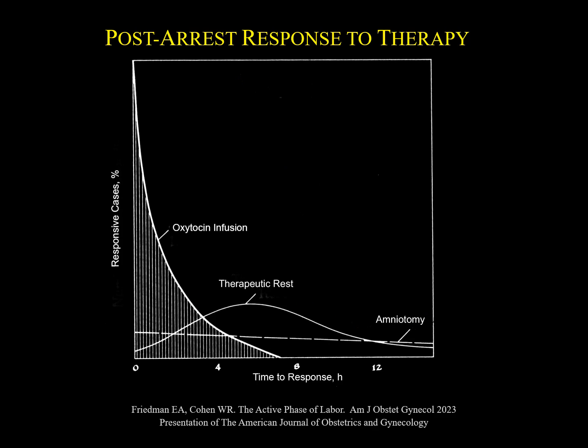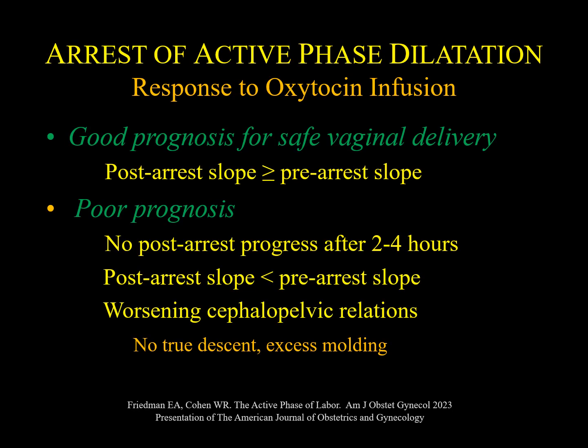Most arrest disorders will respond to oxytocin infusion with additional progress in dilatation within 2 to 4 hours, and it is rarely necessary to administer the drug for longer than that. If the arrest disorder responds to oxytocin with a post-arrest slope of dilatation that is equal to or greater than the pre-arrest slope, prognosis for normal delivery is good.